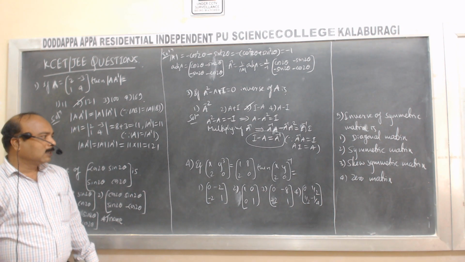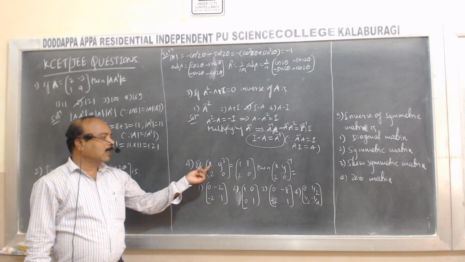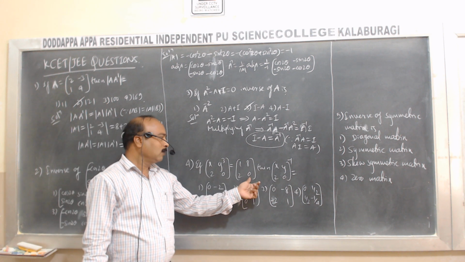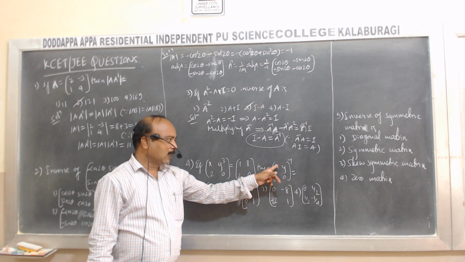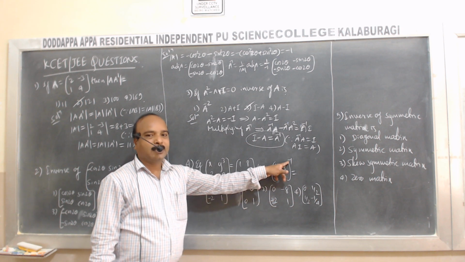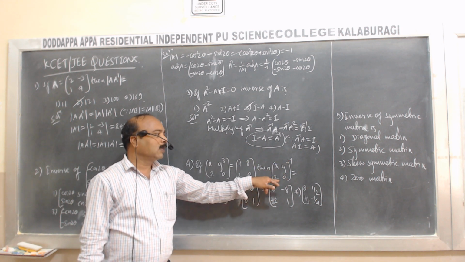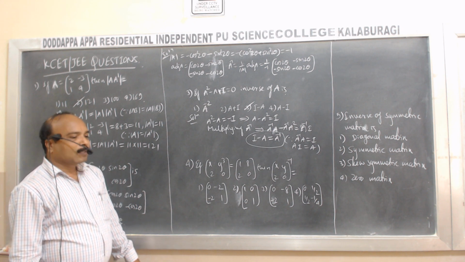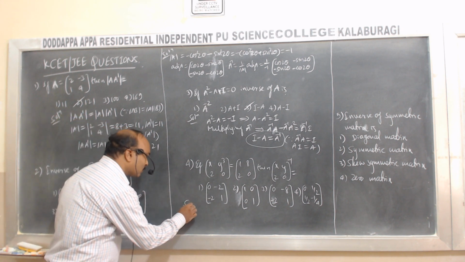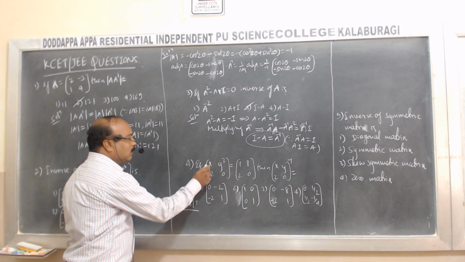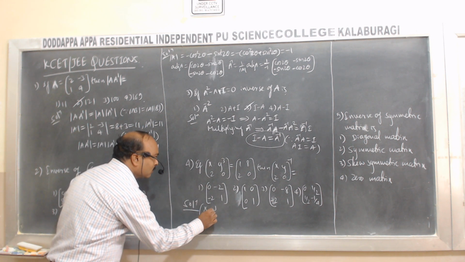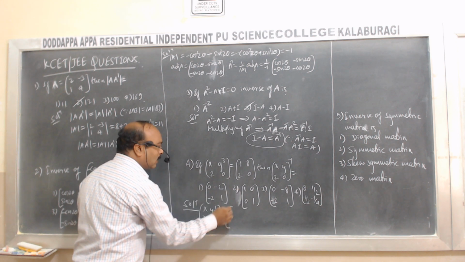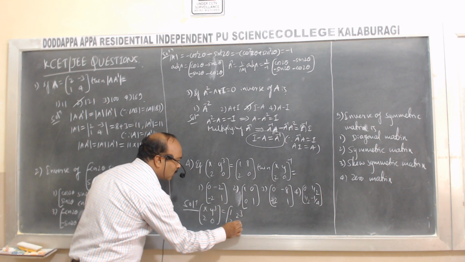Next, we go for the fourth question. If [x, y³; 2, 0] equals 18 times [1, 2³; 2, 0], then we have to calculate the inverse of the matrix [x, y; 2, 0]. Now we go for the solution of this. First they gave that [x, y³; 2, 0] equals 1/8 times [1, 2³; 2, 0].